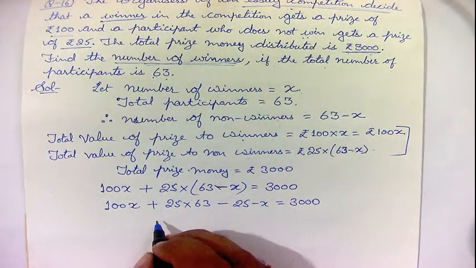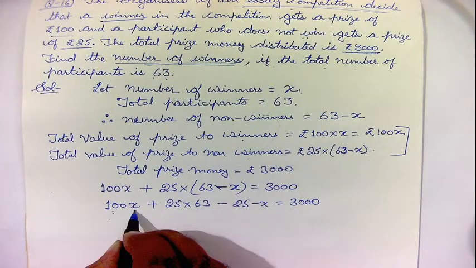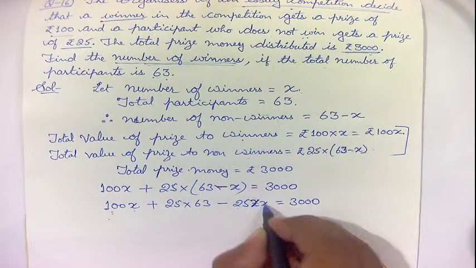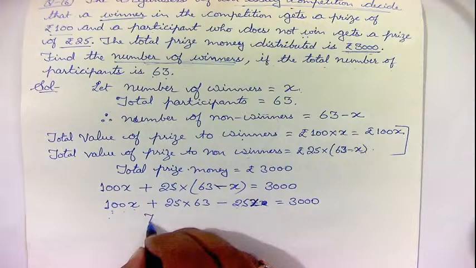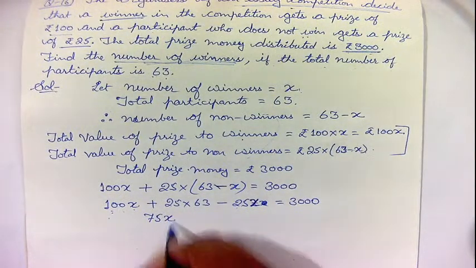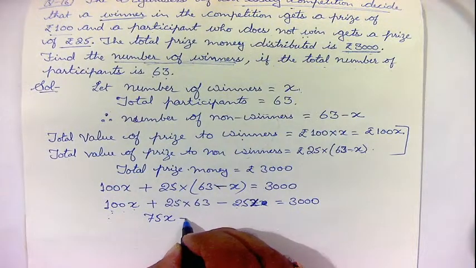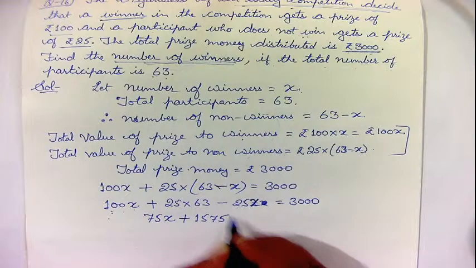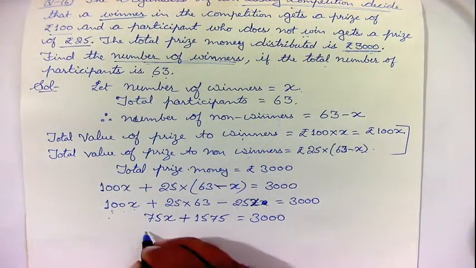Now here, 100x, this is 25x. 100x minus 25x gives you 75x. 25 multiplied by 63 is 1575 equals 3000.